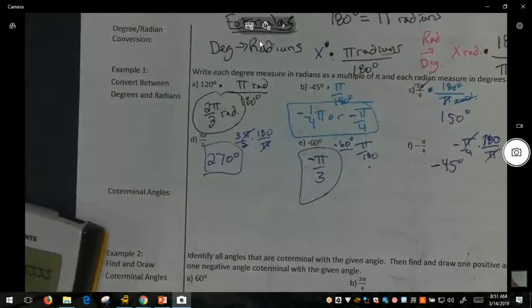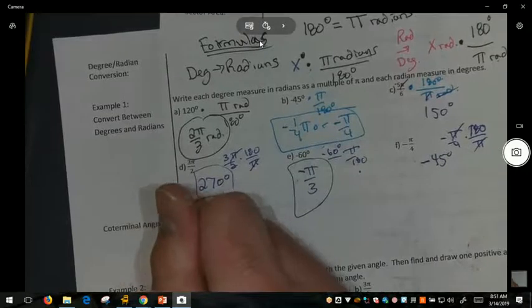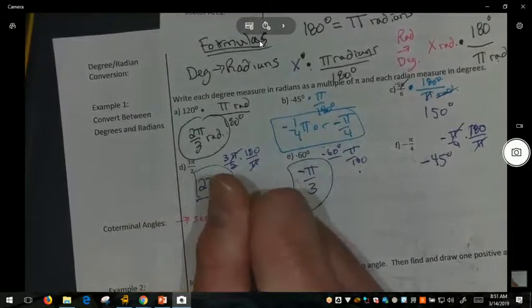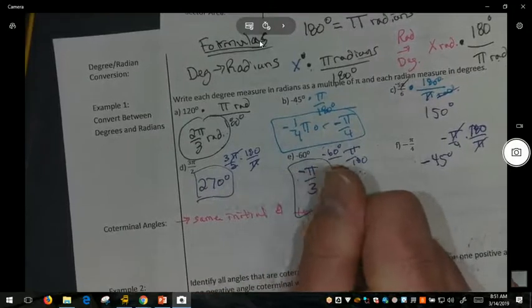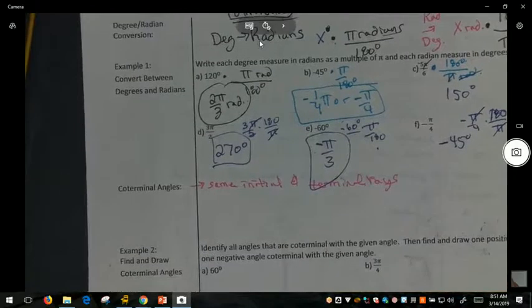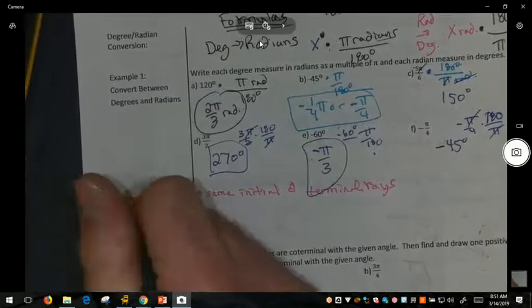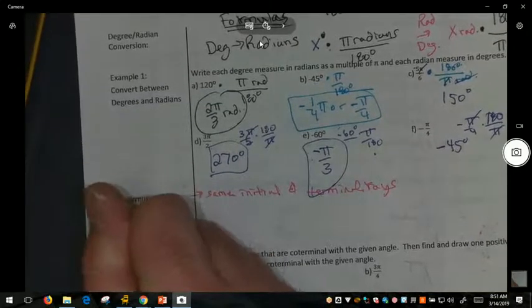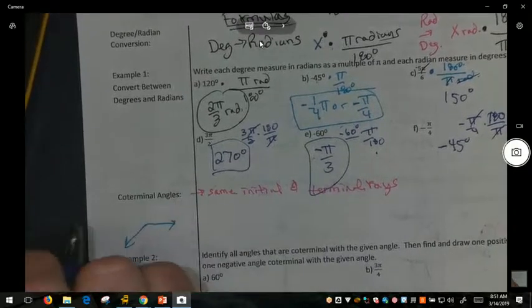Coterminal angles are angles that have the same initial and terminal rays. But that means that they are at least 360 degrees apart, or some multiple of 360 degrees, or in terms of radians, at least 2 pi, or some multiple of 2 pi radians apart.